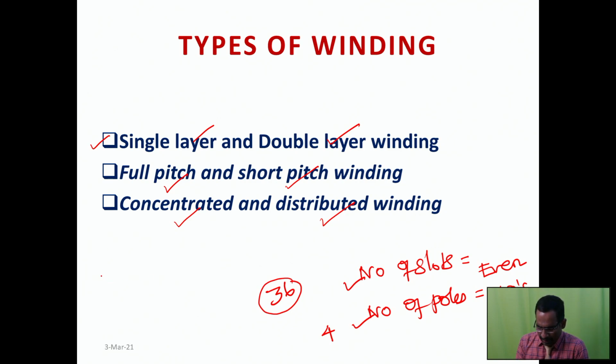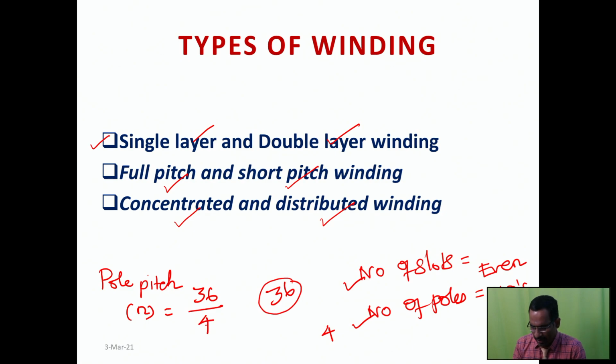I will be calculating the pole pitch, denoted by small n. The number of slots 36 divided by the number of poles 4 is equal to 9.